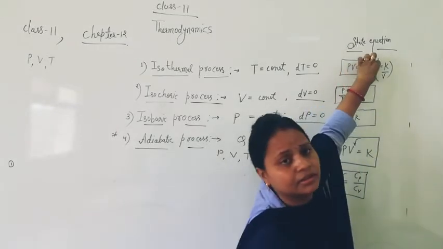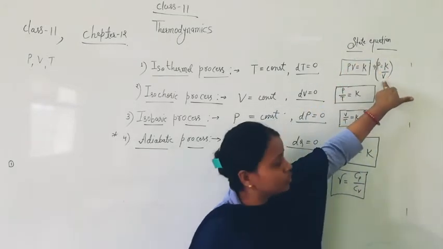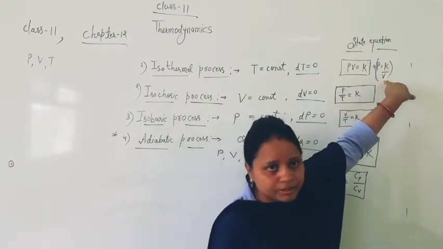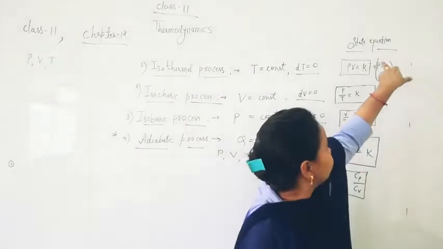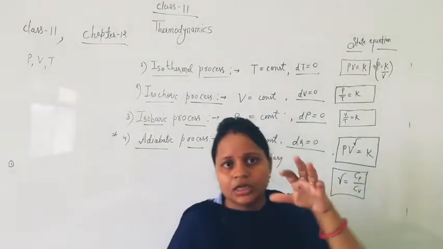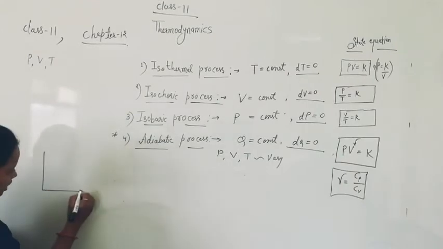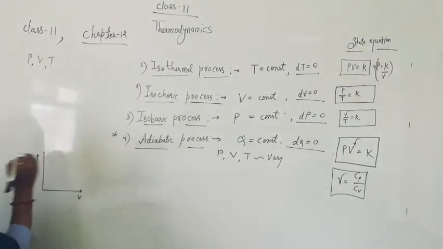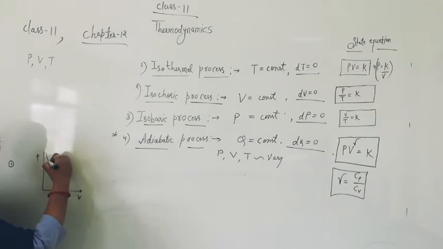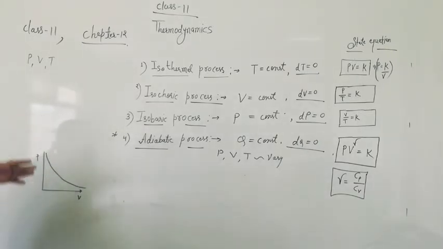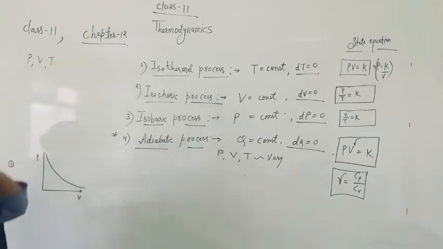Pressure and volume are inversely proportional to each other. When variables are inversely proportional, the variation is hyperbolic in nature. As we increase volume, pressure decreases for the isothermal process.